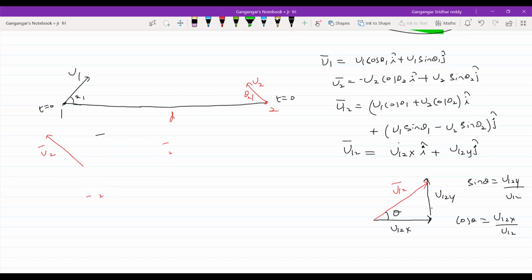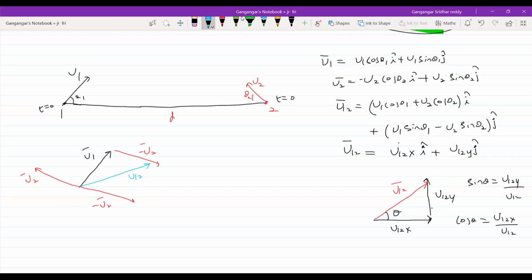I'll redraw it again. This will be u1. We'll take one reference line here. This is u1. This is u2 bar, minus u2 bar. I'll shift it, and the resultant vector is u12 bar, now it's horizontal.